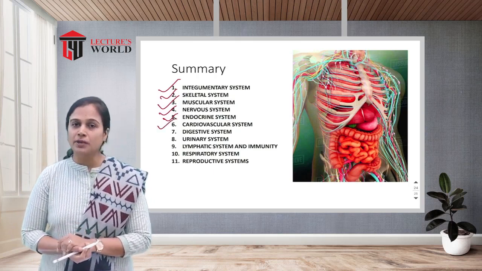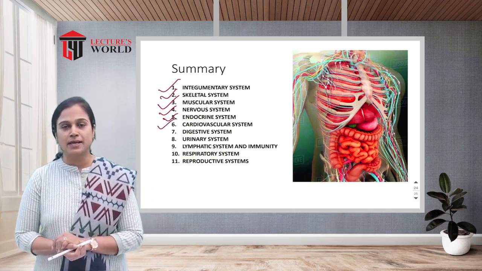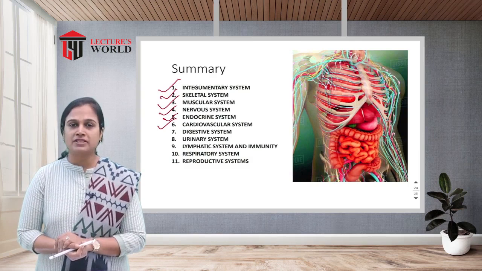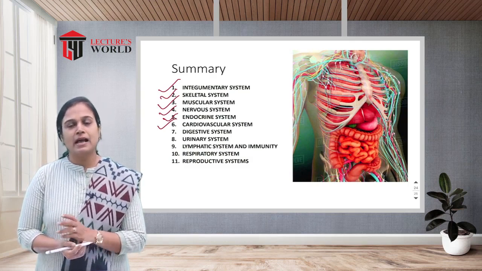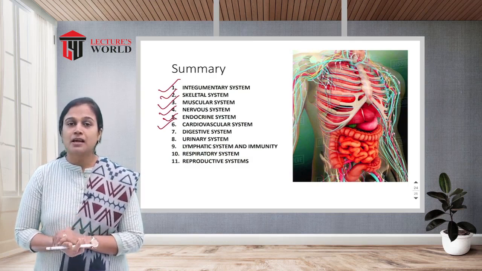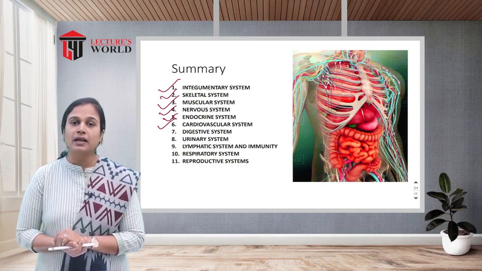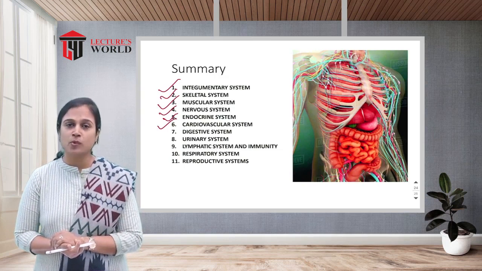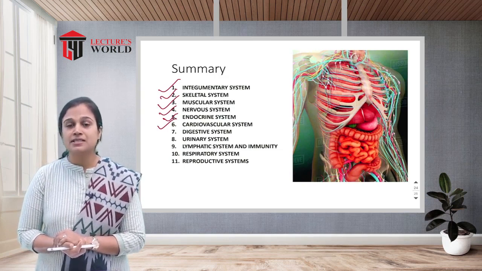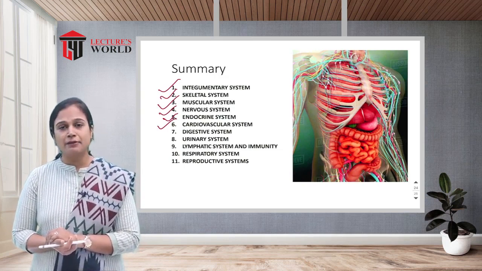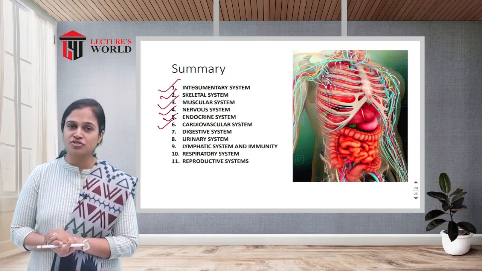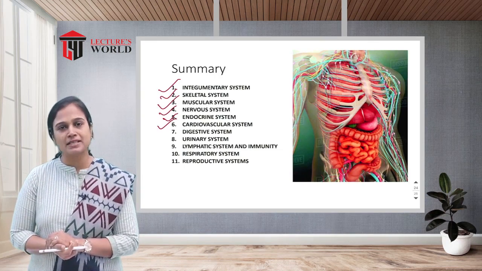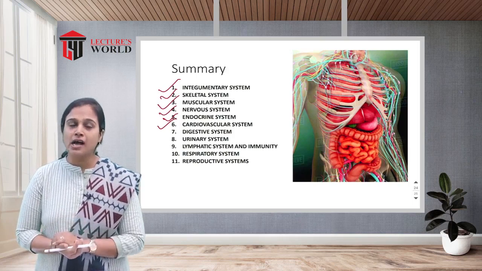Then talking about the cardiovascular system, it consists of the blood, arteries and veins, which are combinedly called vessels, and the heart. The heart pumps the blood to the entire body, transporting oxygen and nutrients to the cells of the tissues, and the waste and deoxygenated blood is carried by the veins to the heart.